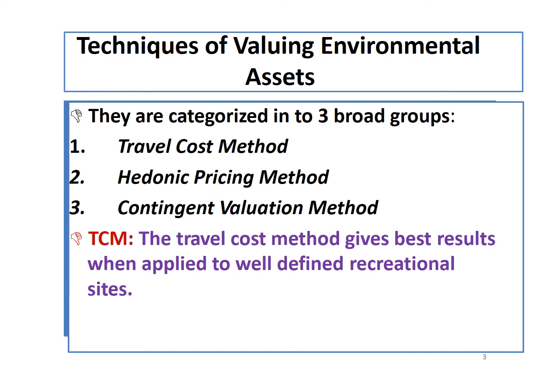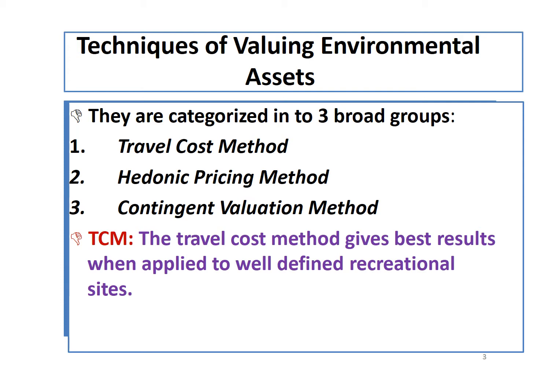Let us now see the techniques of valuing environmental assets. Whether we want to value the use value or non-use value, we can use the following techniques to do the job. They are categorized into three broad groups.